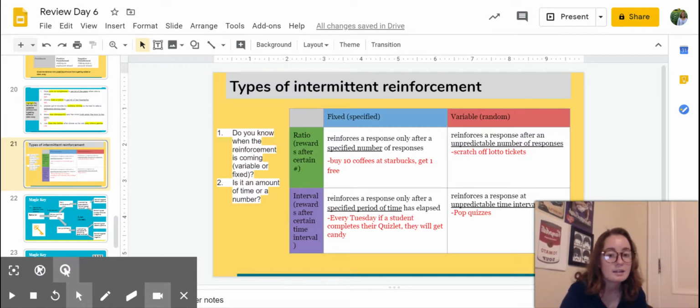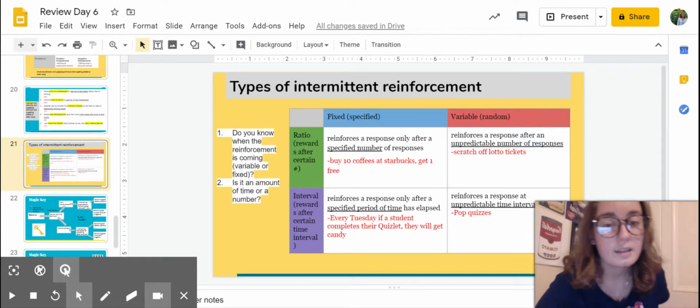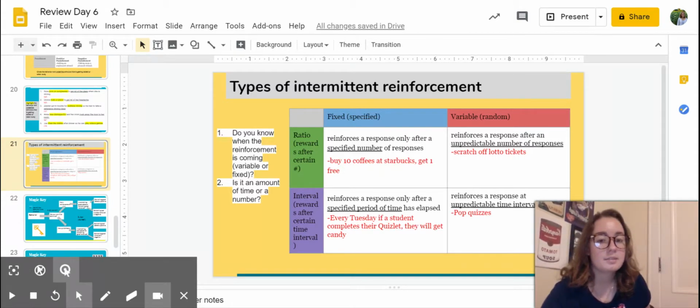It's not variable, and it's not an interval, like saying that if you come to Starbucks once a month, you'll get this. It's not a set period of time. You could buy your 10 coffees over a month. You could buy them in a day and get it. It doesn't matter.